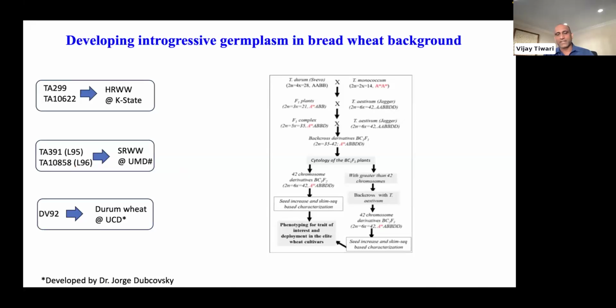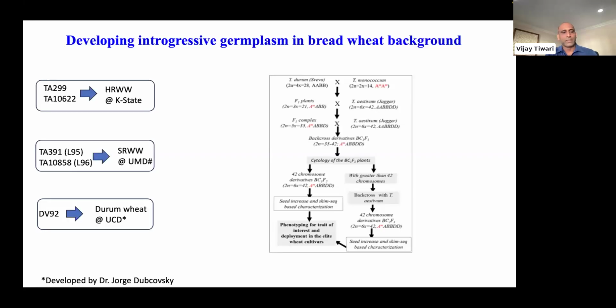So I showed you some of the work that we are doing with the gene discovery. But I haven't shown you some of the results on our disease screening and GWAS in the disease panel, where we found that the majority of the genes that we have identified show up in these four reference genomes: 299, L95, L96, and 10622.